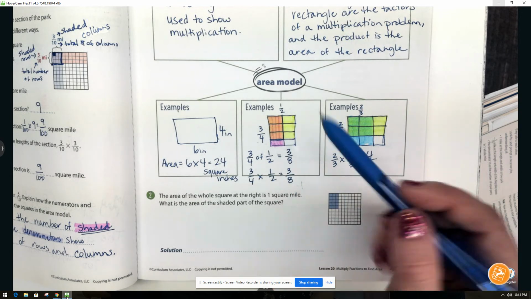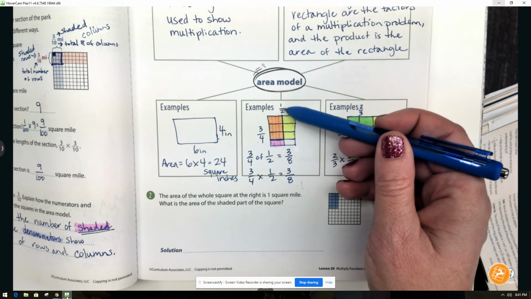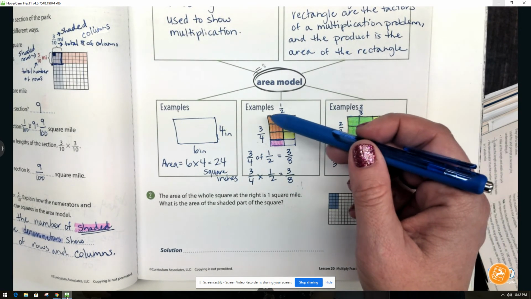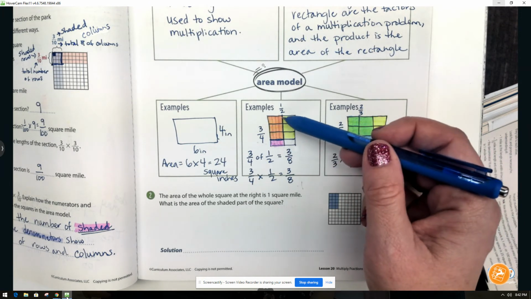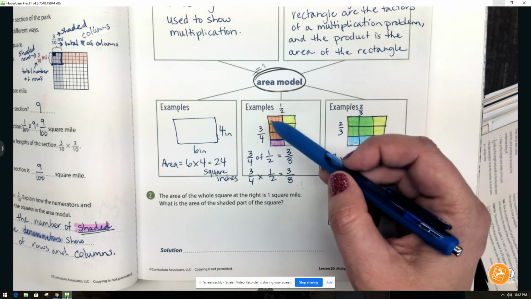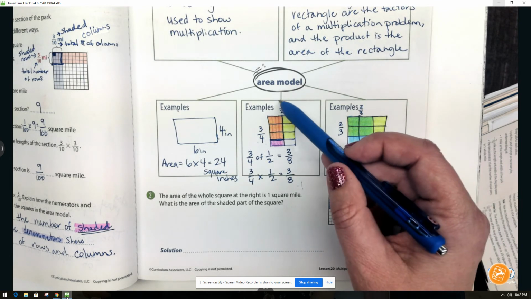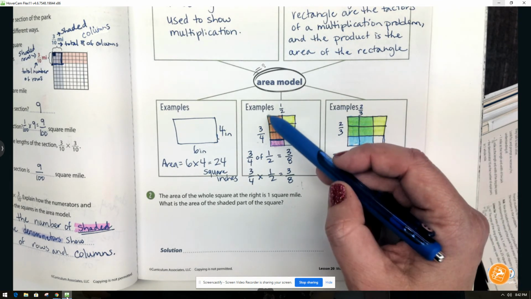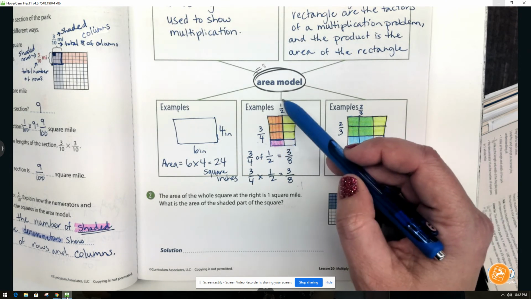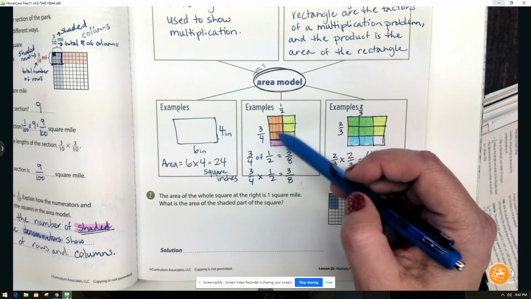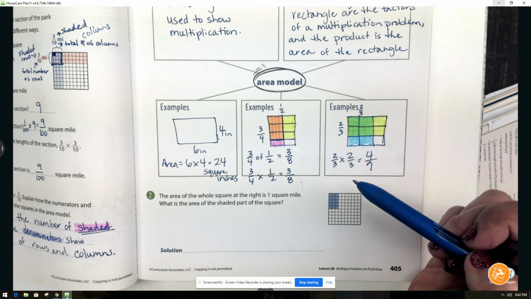To draw the area model, we draw the factor of 1/2. We take our rectangle and we cut the rectangle in half, because there are two parts. Remember, the denominator tells us how many parts we have, and then the numerator tells us how many columns we're going to shade in. So this one tells us we're shading in one section.